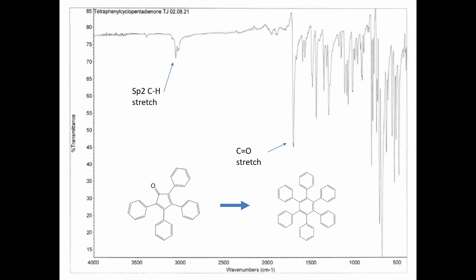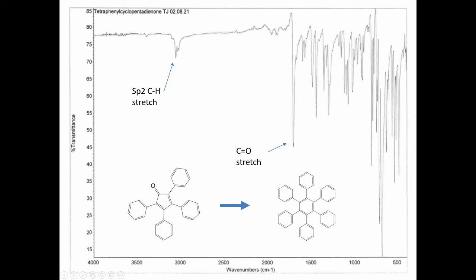So instead, we're just going to do something much easier. We'll look at the spectrum of one of our reagents, the tetraphenylcyclopentadienone. And after reacting it with the diphenylacetylene, which isn't shown here, we'll get the hexaphenylbenzene. What we lose is this ketone group, and what we get is another benzene.